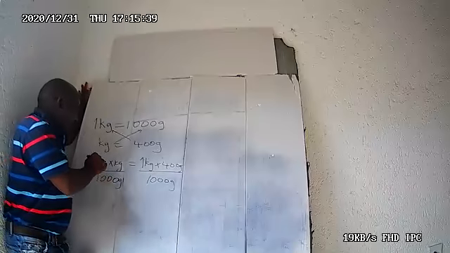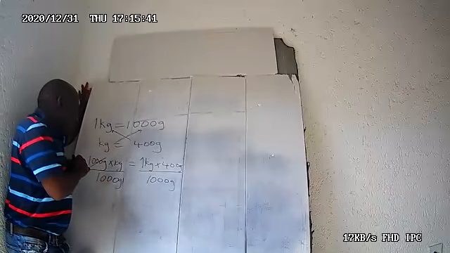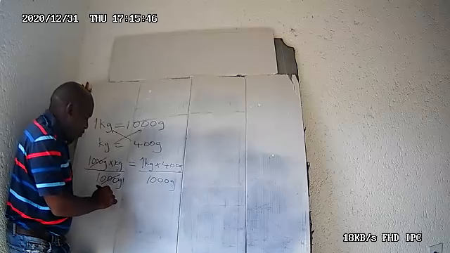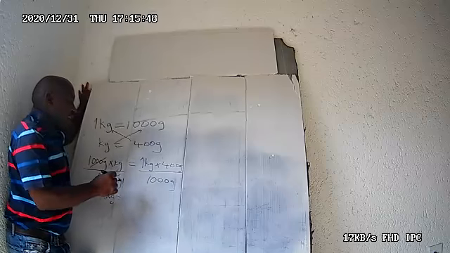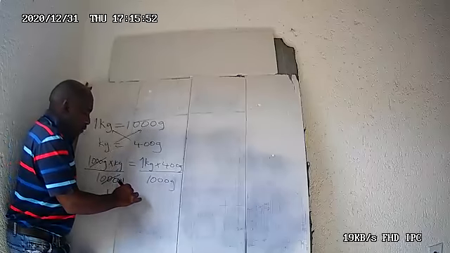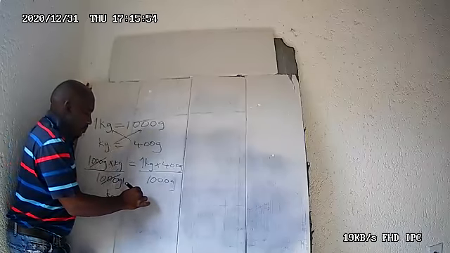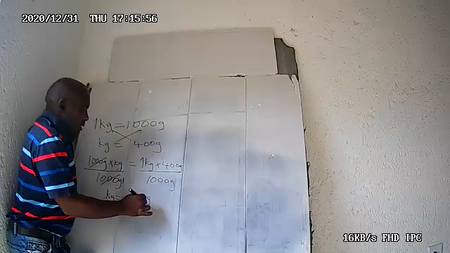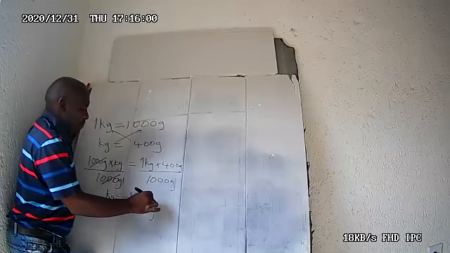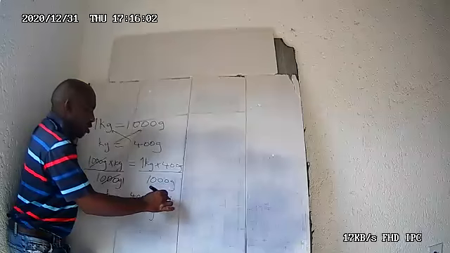Then the 1,000 is divided by the 1,000, we are remained with kilogram. Then this side, it's going to be 400 grams divided by 1,000 grams multiplied by 1 kilogram.